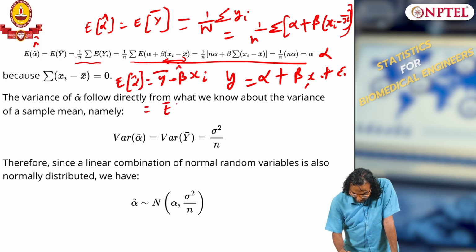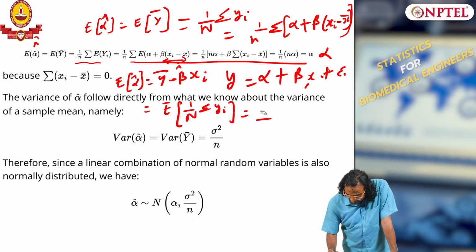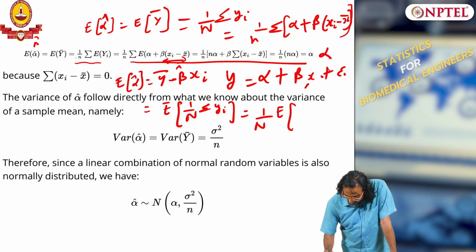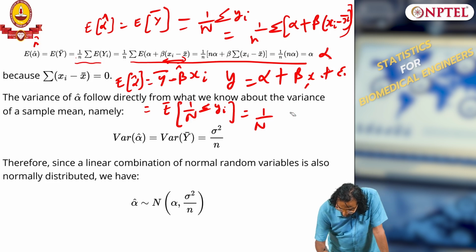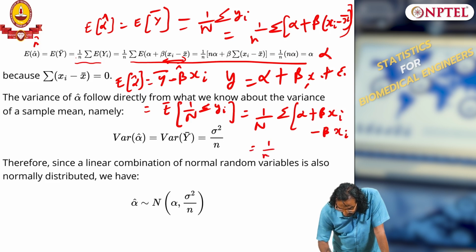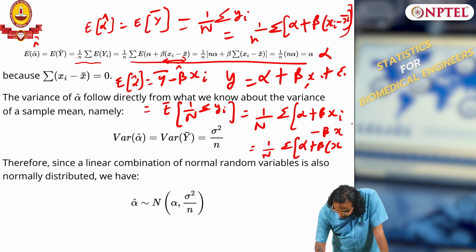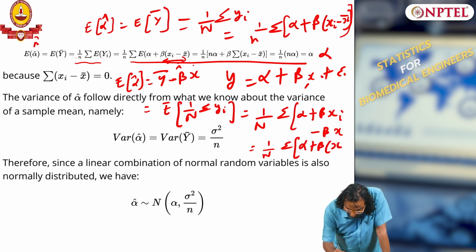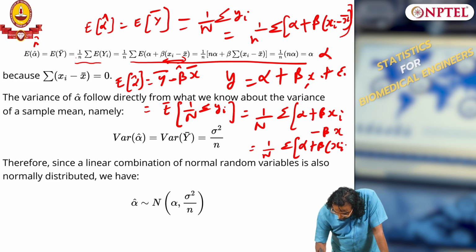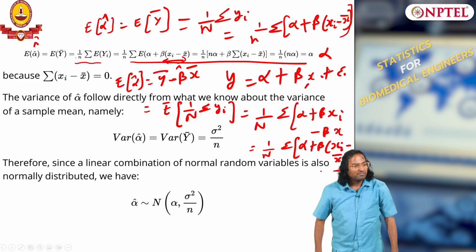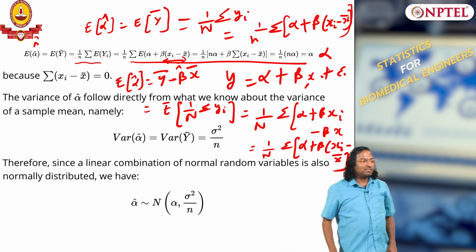What is y bar? Y bar is nothing but 1 over n times the summation of yi. What is yi? I can take the 1 over n outside. Yi is nothing but alpha plus beta x, and what do I have already here, beta hat times xi. So this is nothing but 1 over n summation of alpha plus beta times xi minus x bar. If you look, it is the same term you will get, okay.